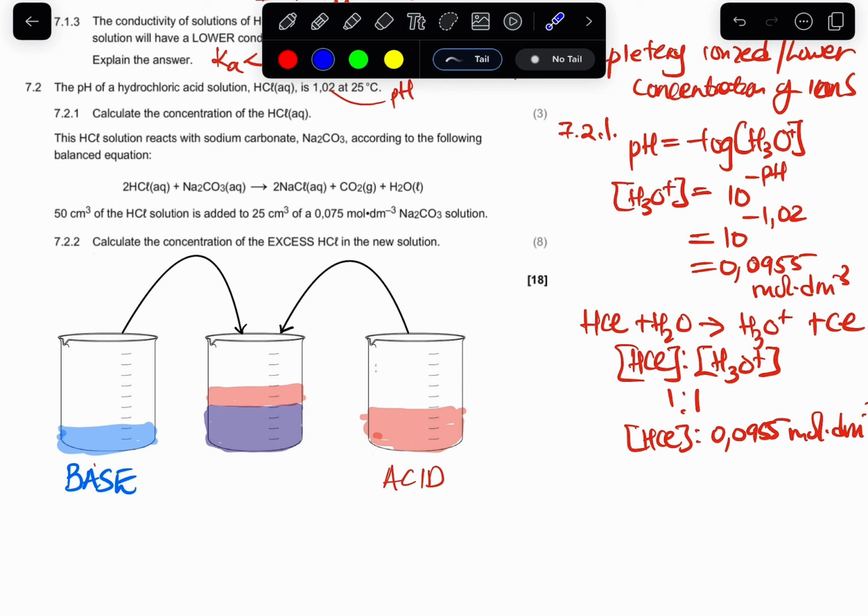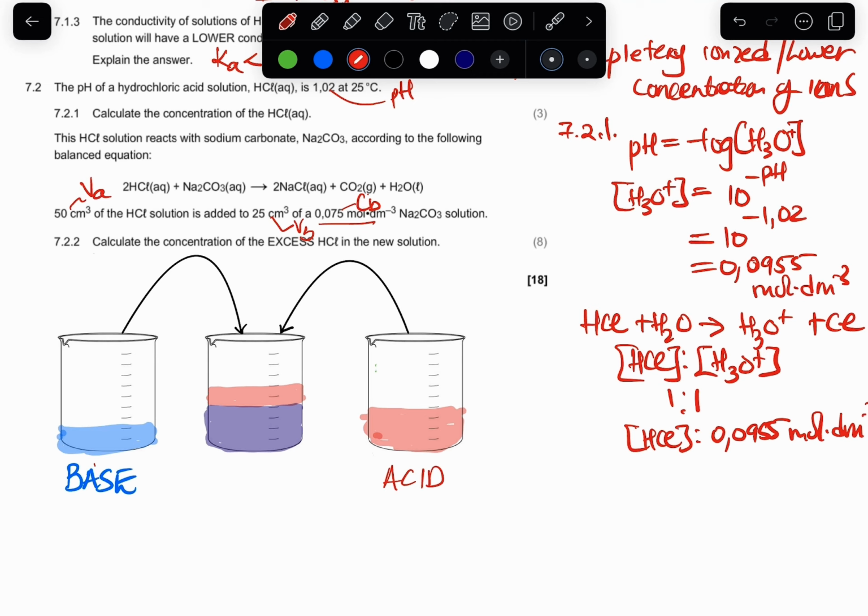Now, how do they react? We are told 50 cubic centimeter of HCl is added. This is a volume of an acid, added to 25 cubic centimeter of sodium carbonate. This is a volume of a base, and we are given the concentration of the base, 0.075.